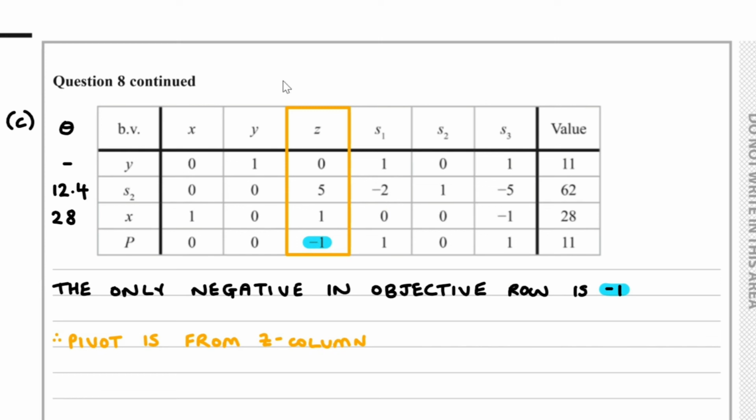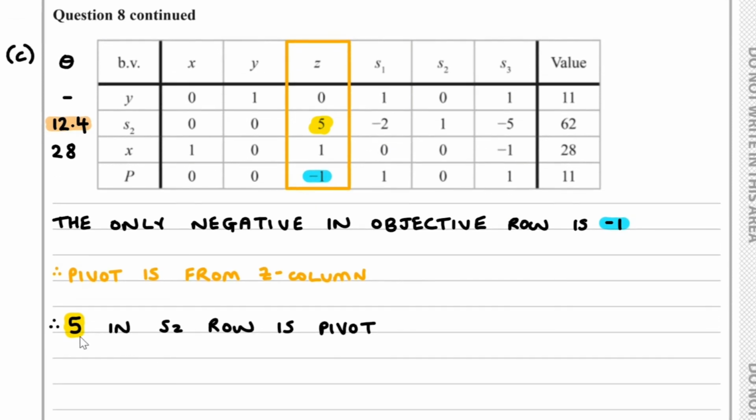So, which is the smallest value? Well, you can see the 12.4 is the smallest value, which will imply that the 5 in the S2 row is the pivot. So the 5 in the S2 row will be our pivot.